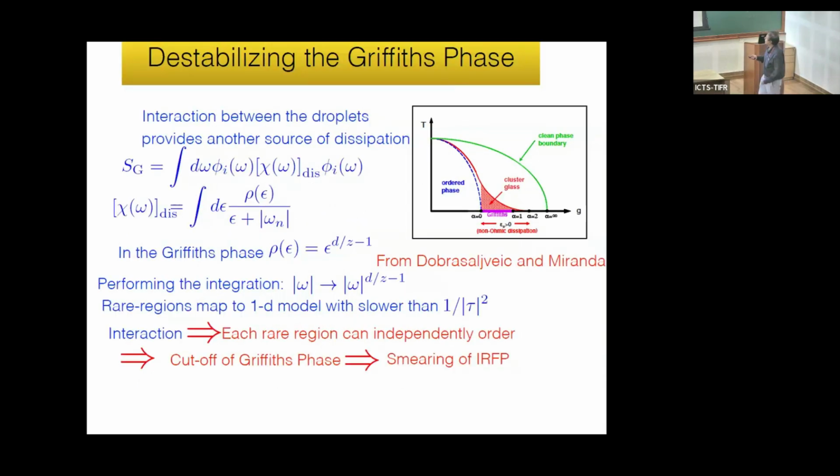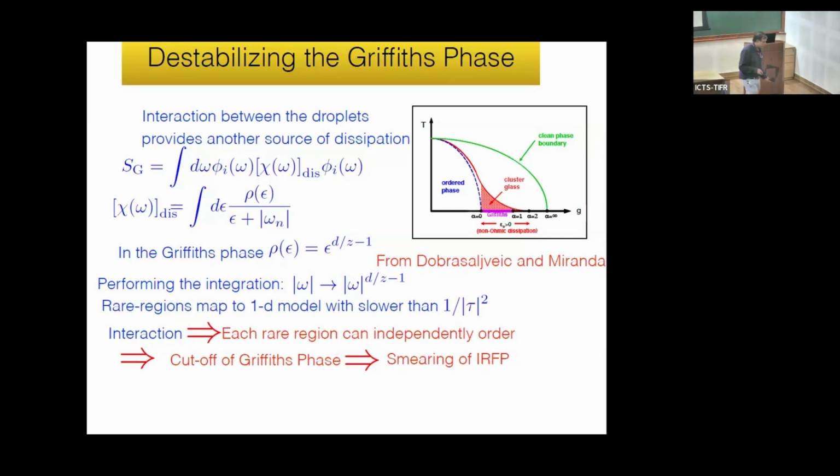If you do that, the effective interaction between these rare regions gets modified. This is because you have to remember that you're in a Griffiths type phase, where the density of states goes as a power law. If you use that fact, you immediately see that the dissipation term gets renormalized.